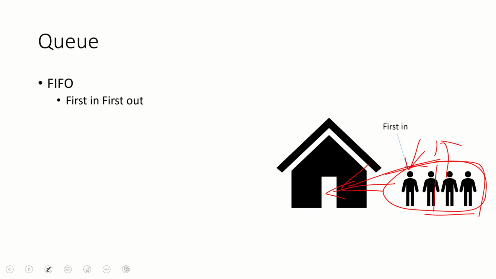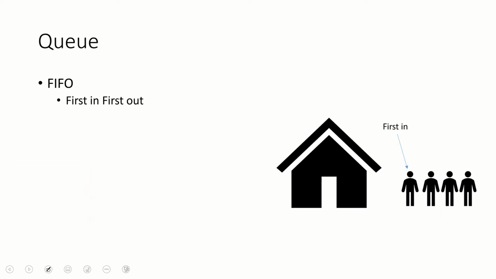But if there's a newcomer who comes to this line, where should he go? Should he cut into the line, or go to the end?